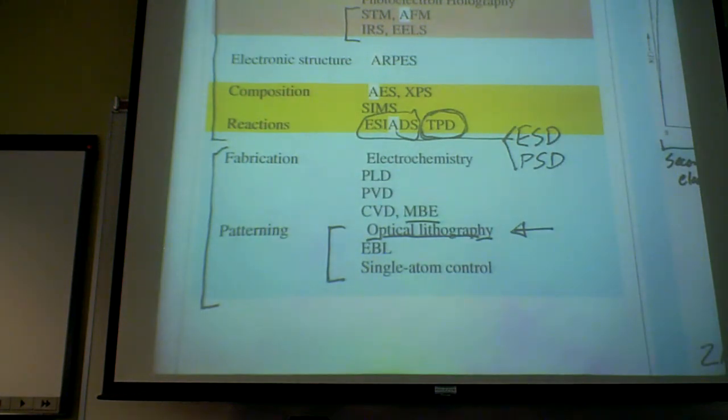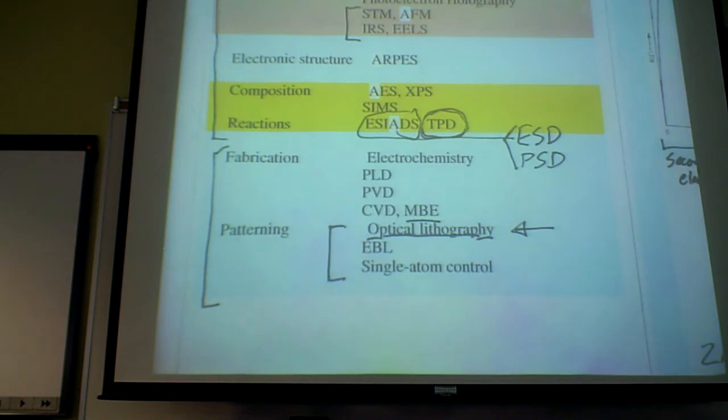And so I also list two classes of technique that you use to make a device. As chemists, we know how to build material because we know how to synthesize things and put them together.